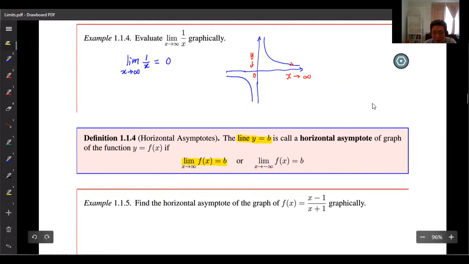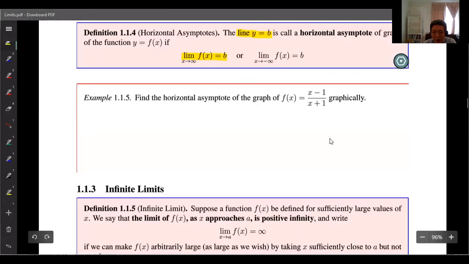Okay, for this one concept, any questions? Please feel free to ask. Okay, good. How about this one? What do you think? If you look at the graph, if you have a calculator, you can try it very quickly, or you can use the online graphing calculator. So what does the graph look like?